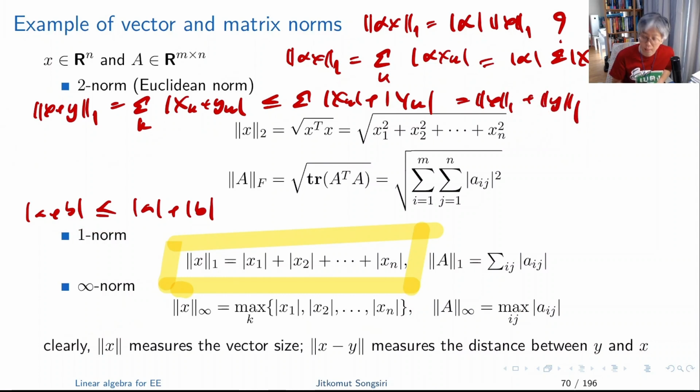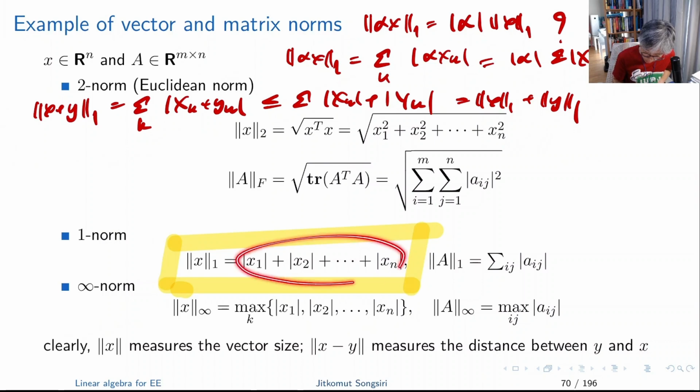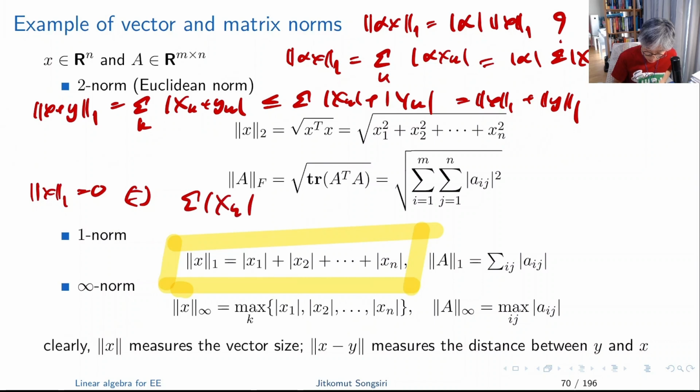Last, is it clear by the definition itself that the one norm is always non-negative? But how about when the one norm of x is zero? It means the sum of absolute values must be zero.